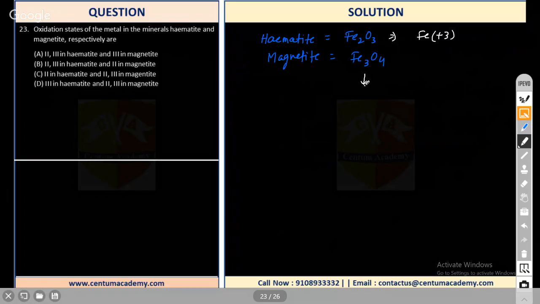But magnetite actually exists in the form FeO.Fe2O3, correct? So here it is +2 and here it is +3. So in magnetite, +2 and +3, and +3 in hematite. So answer is option D.